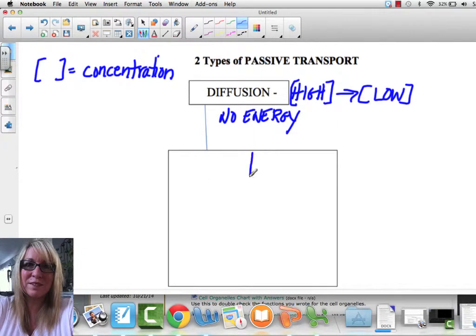So if this is my semi-permeable membrane, we'll mark this semi-permeable membrane.